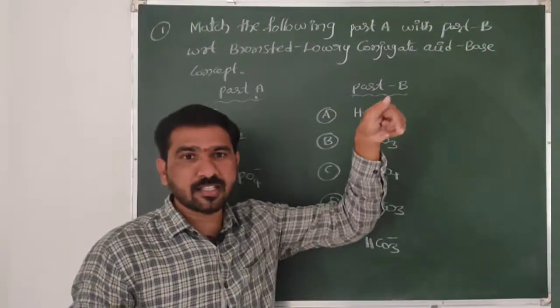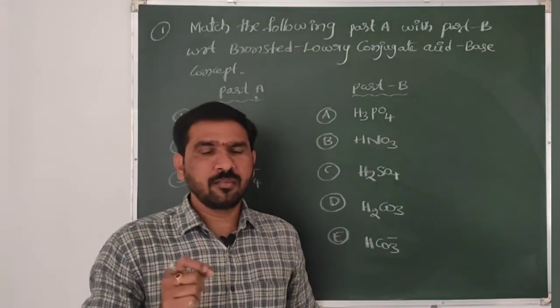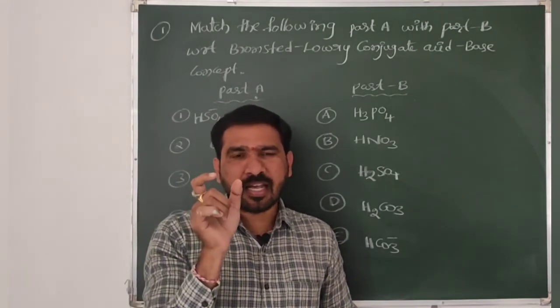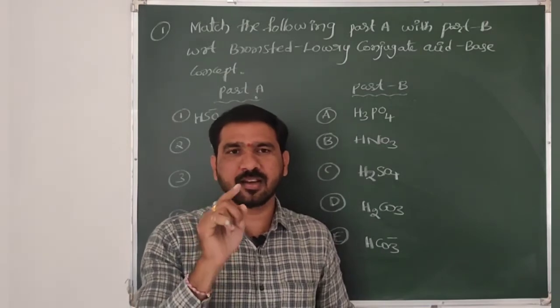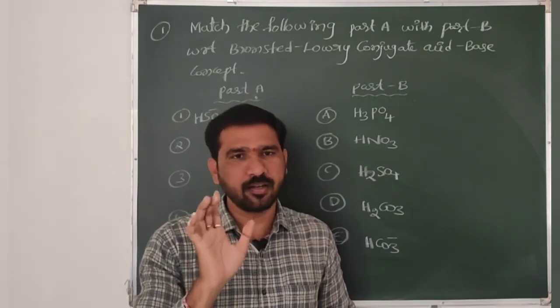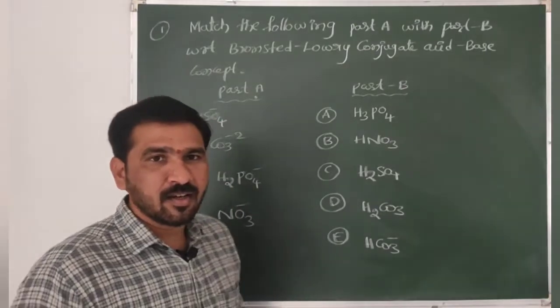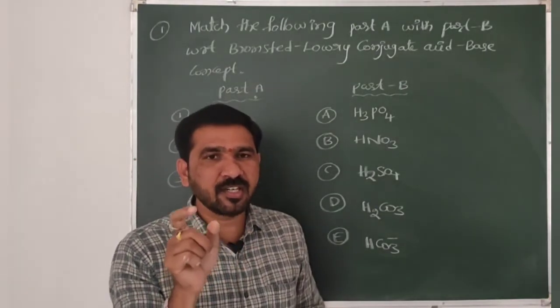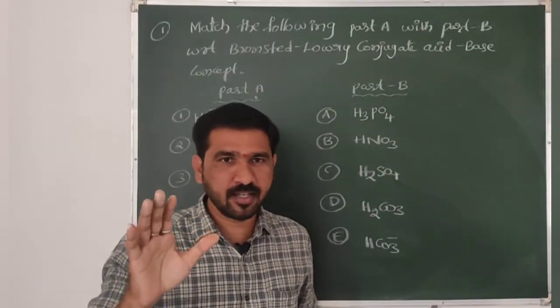Bronsted-Lowry conjugate acid base concept. As I told, the acid base pair which differs by one proton is called a conjugate acid base pair. Is it clear? So HSO4 minus means we need to find, under part B, a compound differing by one proton. Is it clear, beta?